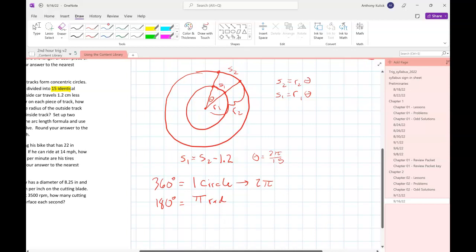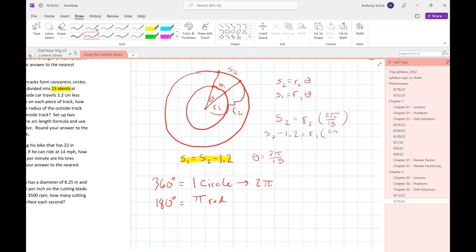All right. So now what I'm going to do, I'm going to make this substitution. I'm going to say that S2 is equal to R2 times 2 pi over 15. And then S2 minus 1.2 is equal to R1 times 2 pi over 15.